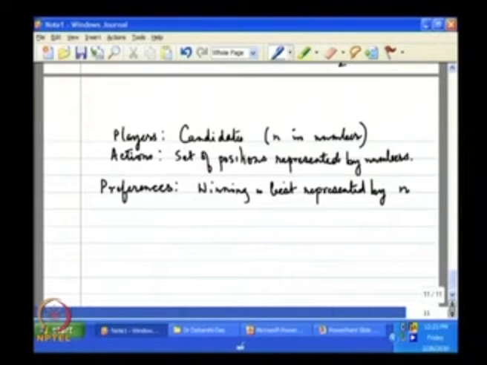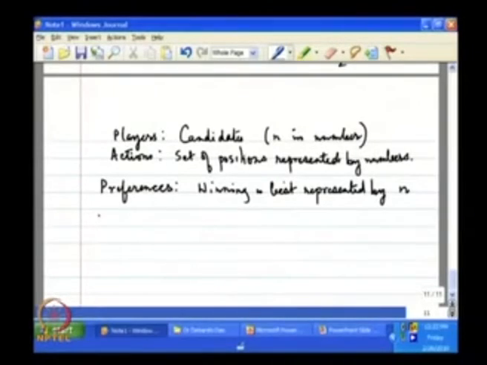I do not win outright, but I tie with some other candidate in the first place. So, I am in the first place, that is true, but this is not an outright win for me. So, this will be represented by k if I tie with n minus k other candidates.